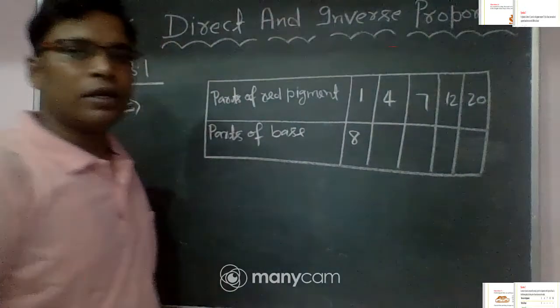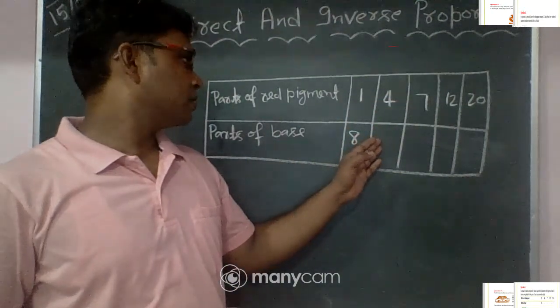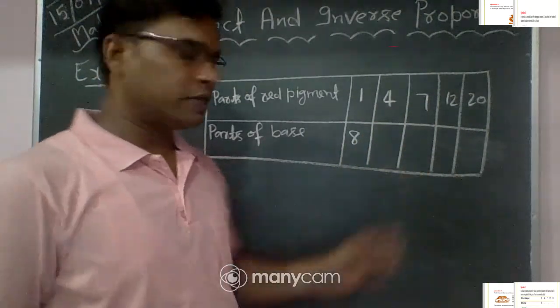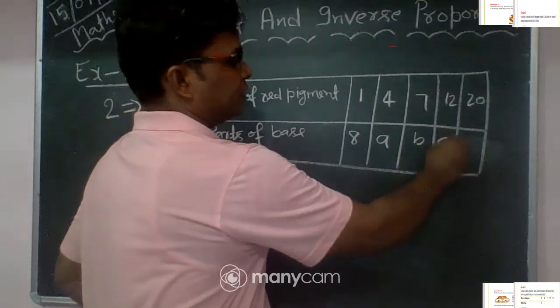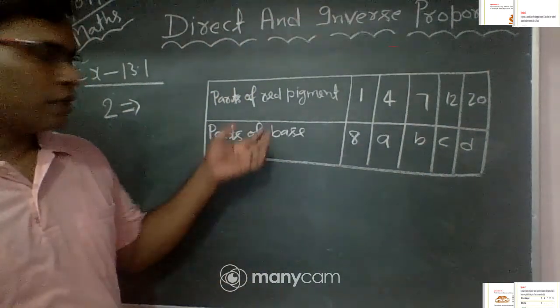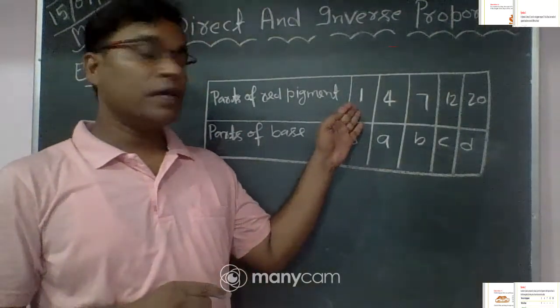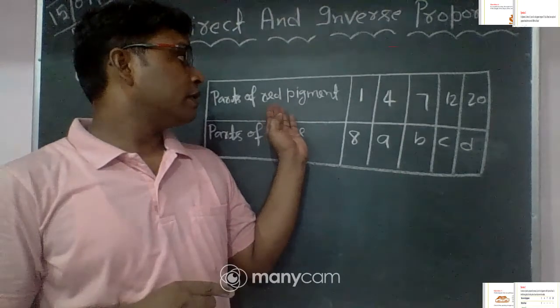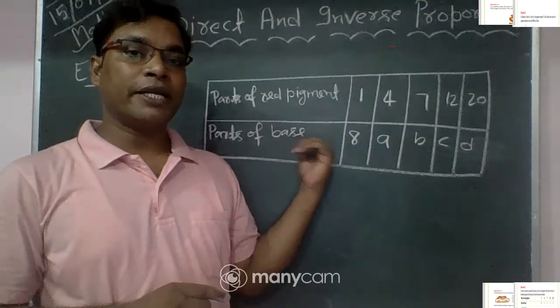Now we find the part of base for 4 red pigment, 7 red pigment. So we can say let these be A, B, C, D. Okay, so you observe this table and you can see here, for one part of red pigment we need 8 parts of base.